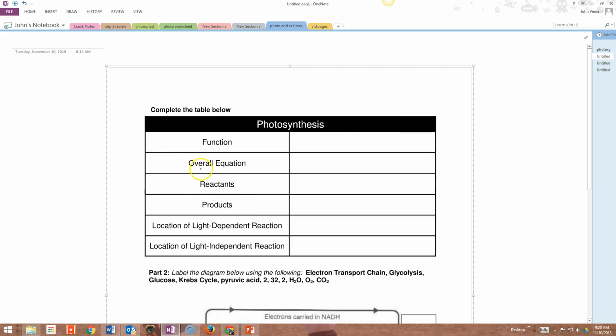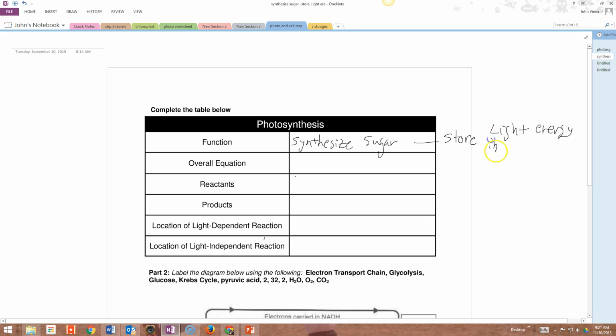The function of photosynthesis is to synthesize sugar. You could also put store light energy into chemical energy.